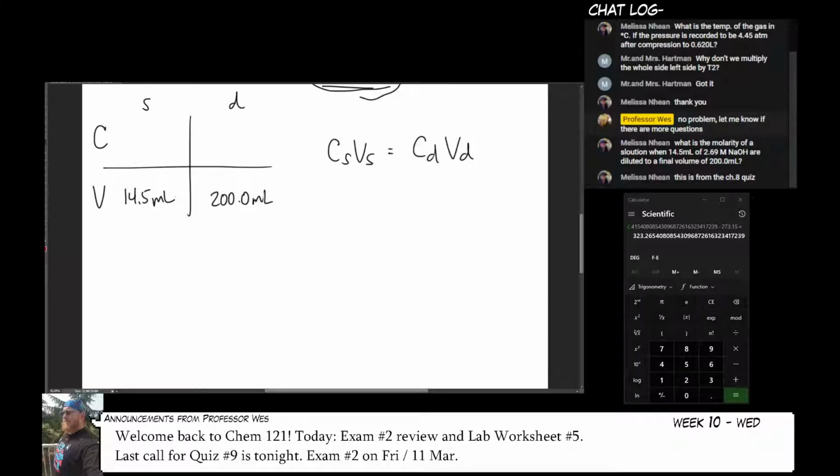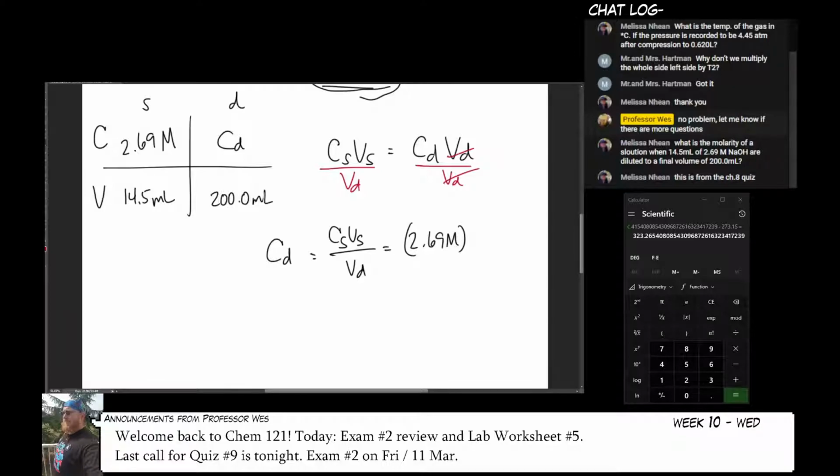And the stock solution is 2.69 moles per liter. So I'm going to solve for this one. I'm going to divide both sides by the dilute volume. So those go away. And that will be the dilute concentration. And so we just run the numbers now.